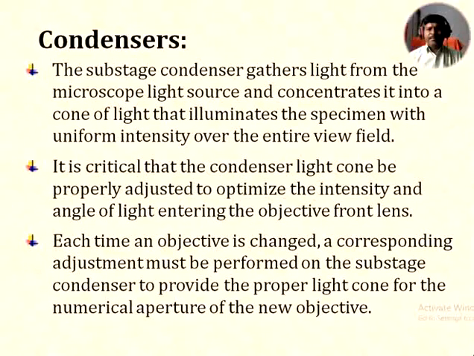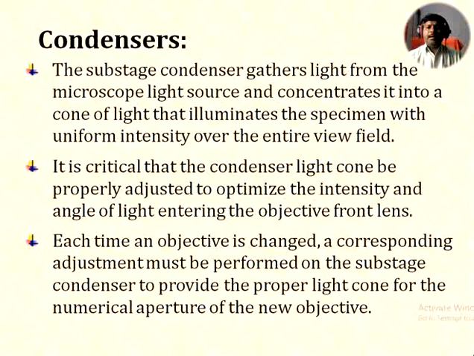Each time an objective is changed, a corresponding adjustment must be performed on the substage condenser to provide the proper light cone for the numerical aperture of the new objective.